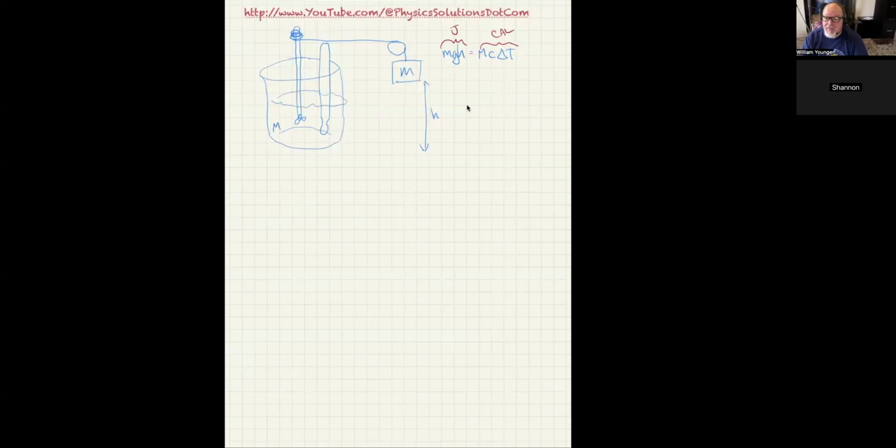And from doing that, assuming their experiment was well designed and didn't have a lot of random errors in it, they could make an equivalent statement between the calorie and the joule.